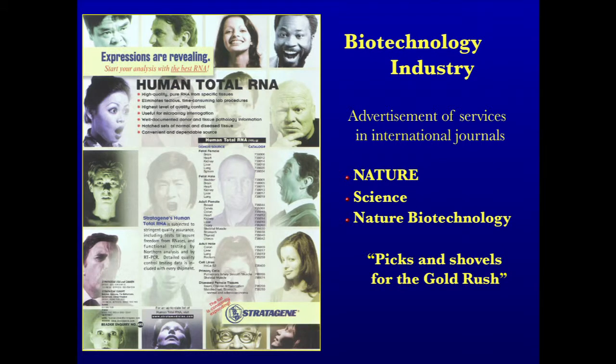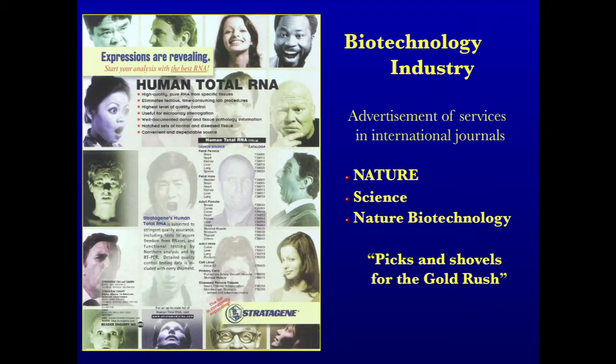So it's been said, if there's a gold rush right now on in biotechnology, that the people that made the picks and shovels during the 1800s gold rush made more money than the people who made gold or found gold. So Sears and Roebuck, for example, was founded on the premise of making picks and shovels for people to go find gold.